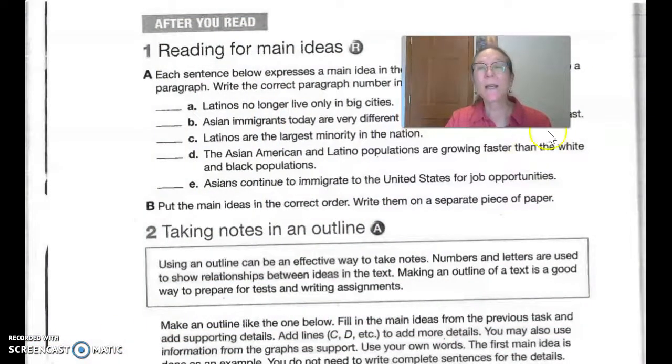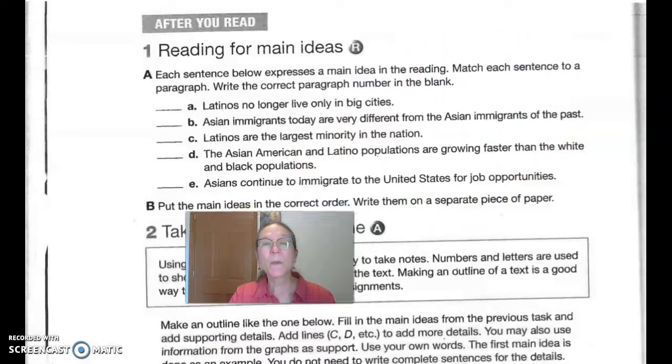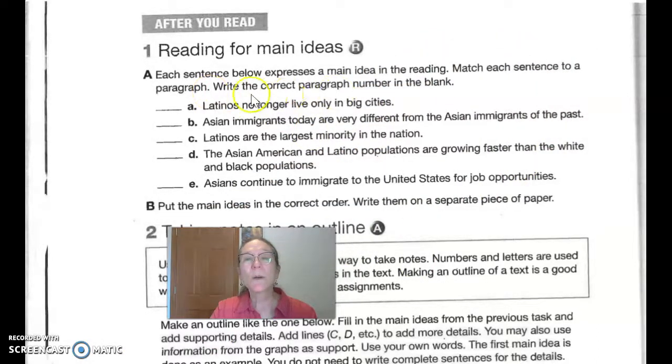Page 88 asks for you to match each sentence to a paragraph from the article. There are 5 main idea sentences here. Write the correct paragraph number in the blank. For the first one, A, Latinos no longer live only in big cities.